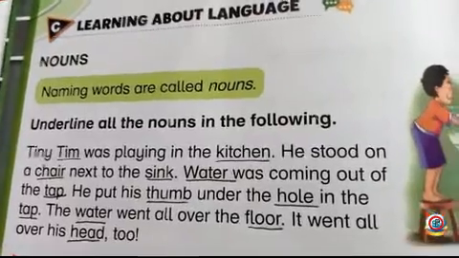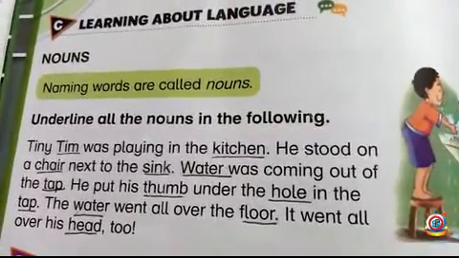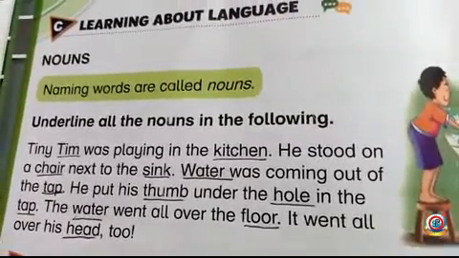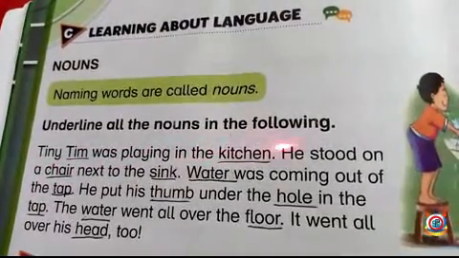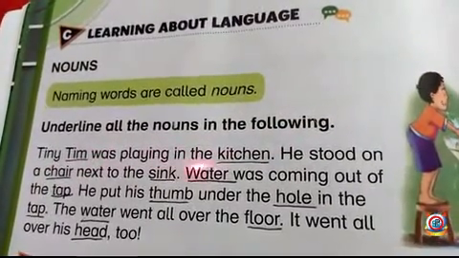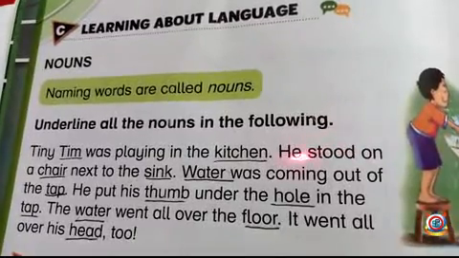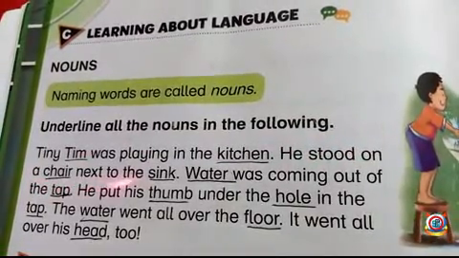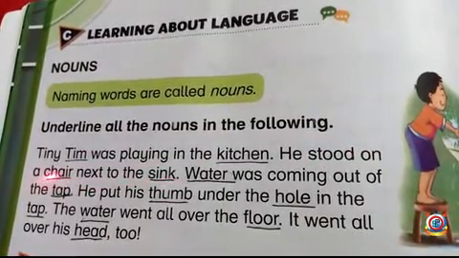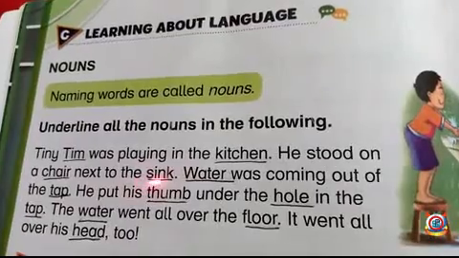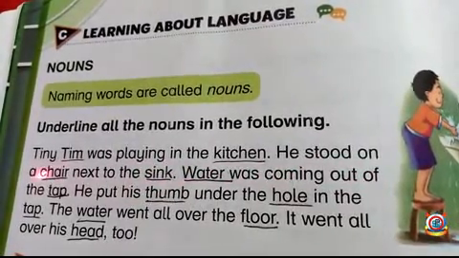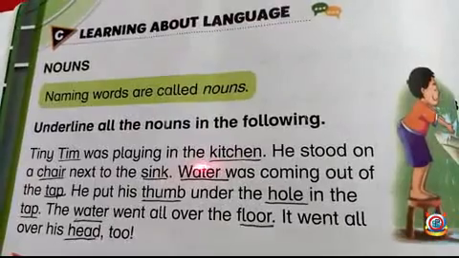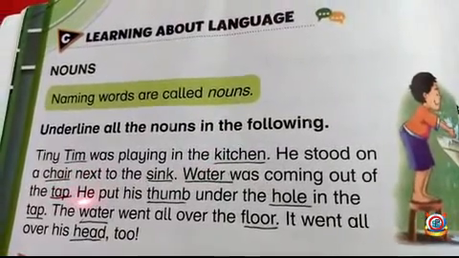Now I'm going to read this again. Tiny Tim was playing in the kitchen. Tim and kitchen. He stood on a chair next to the sink. Chair, sink. Water was coming out of the tap. Water and tap.